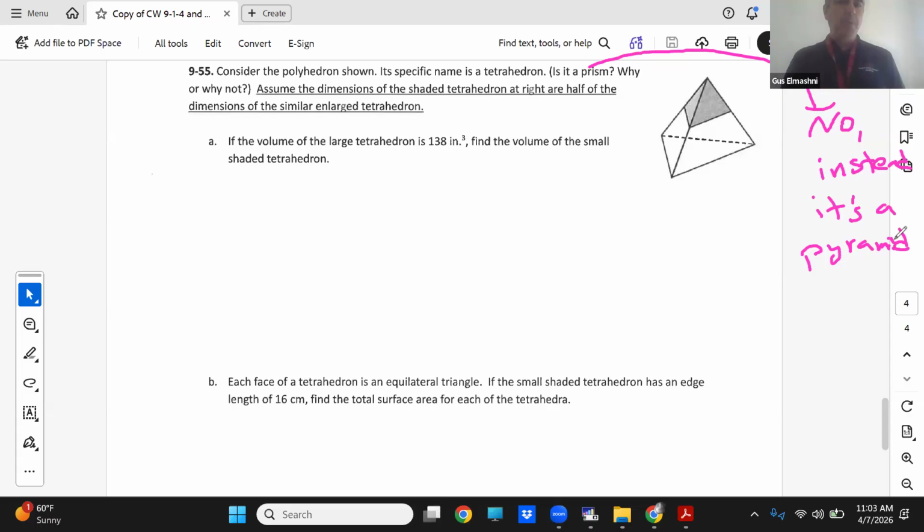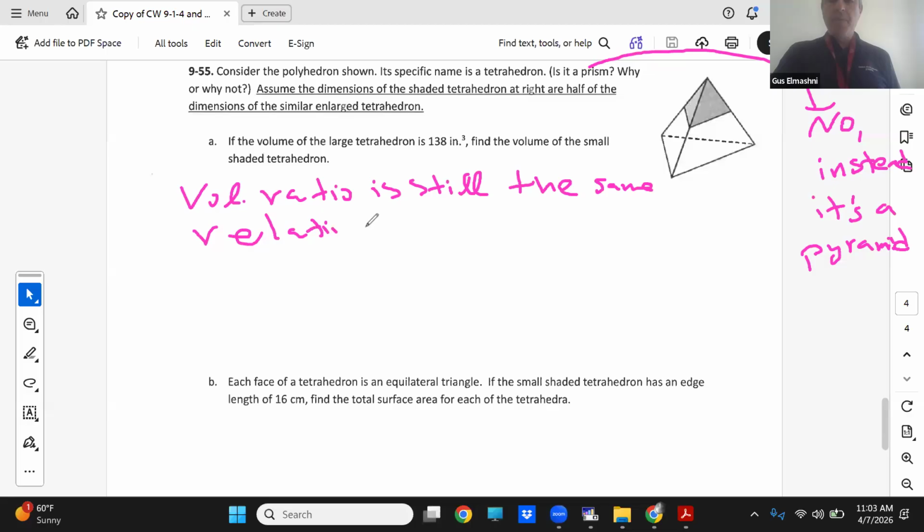I think that's really the real reason why, but we'll explore it later. But for now, the volume ratio is still the same relationship with the linear scale factor.